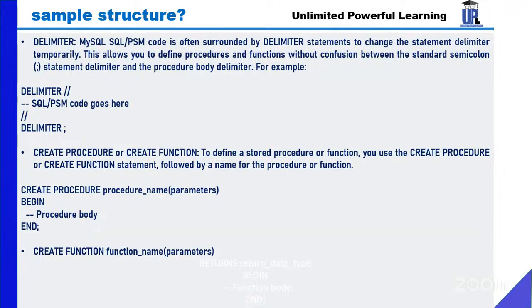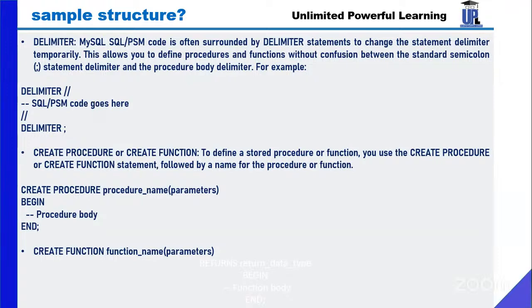To indicate that a procedure or a function has started and ended, we expect you to write the delimiter. It is like a double slash temporarily, or you can write a dollar; they use it. We'll see that, and using that we write the logic here. So this is how we can do that.